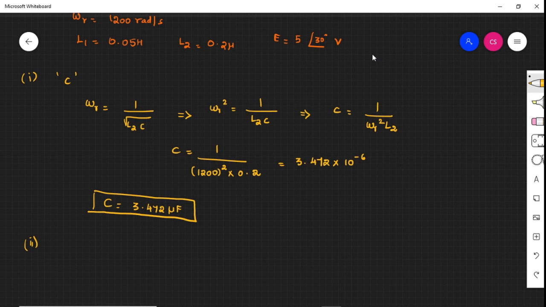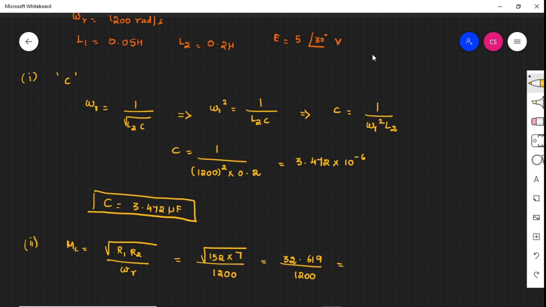Second, we are asked to find the mutual inductance as well as the coefficient of coupling. The formula to find Mc is root of R1 into R2 divided by omega R. Substituting the values, it is root of 152 into 7, which is 32.619, divided by 1200, and this is nothing but 0.0272 Henry.